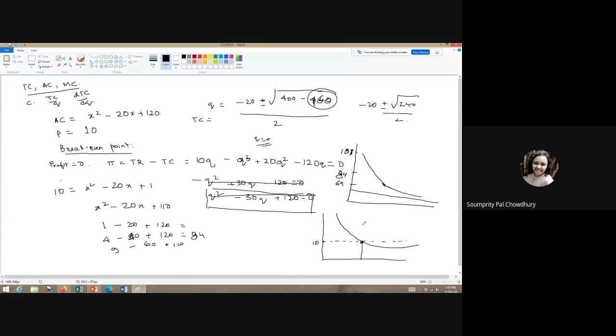Above 10. Okay. Let us take this point. What is this rectangle? This is quantity. And what is this? Remember, this is the average cost function, so it will be below. So it's total cost, and this is total revenue. So over this, the initial part, this is a loss-making zone. Here, you're breaking even. And here you have a profit.